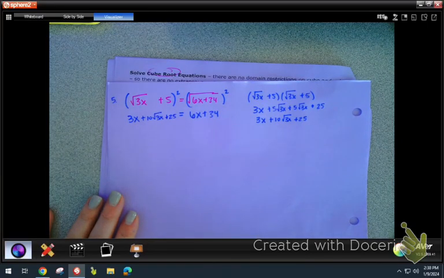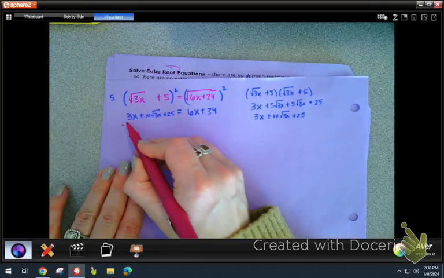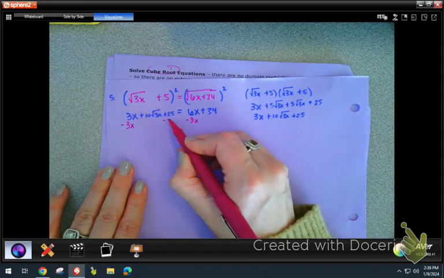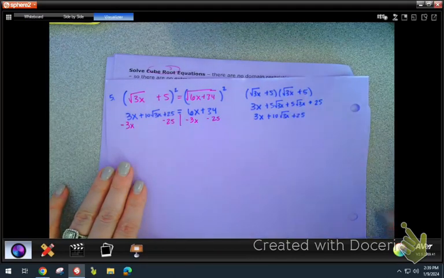So now what I'm trying to do is get this square root 3x isolated, get this other radical isolated. Same step I did in the notes, okay? So I need to move the 3x over. Here's where things get a little bit different than they were in the notes. Are my x's going to cancel out? No. Okay?